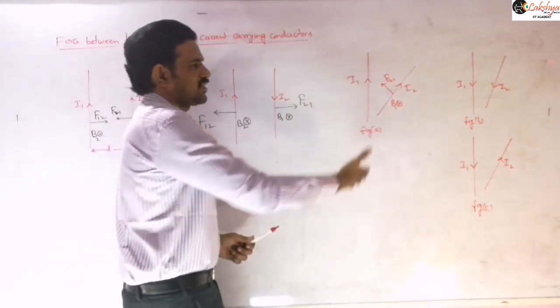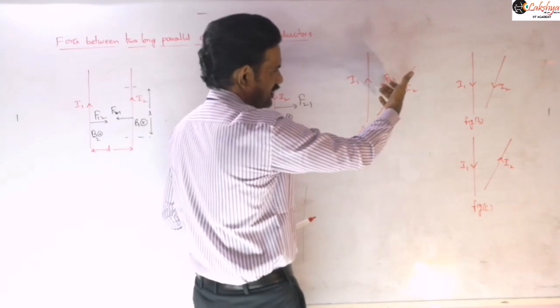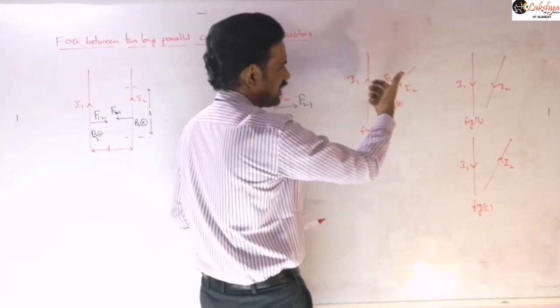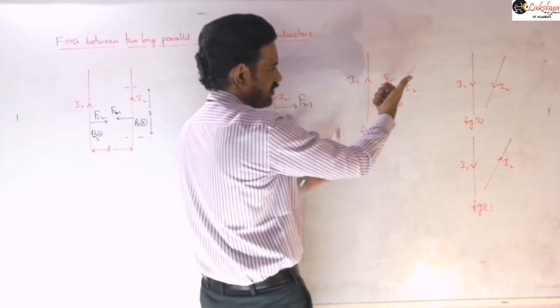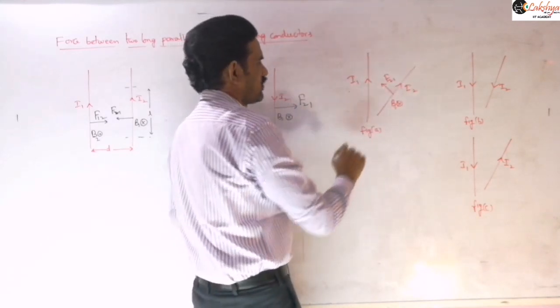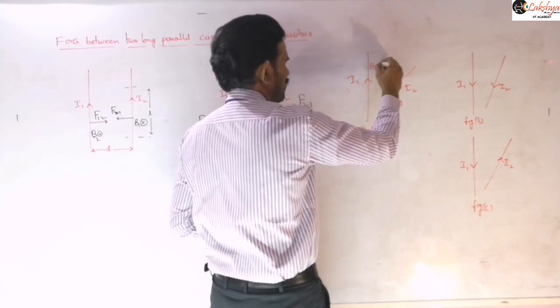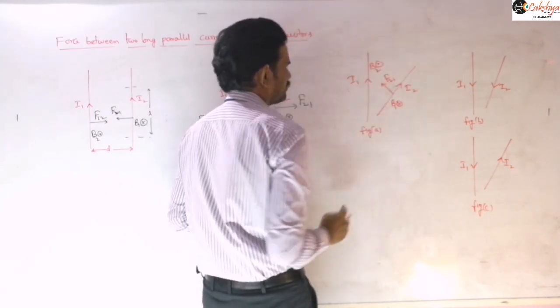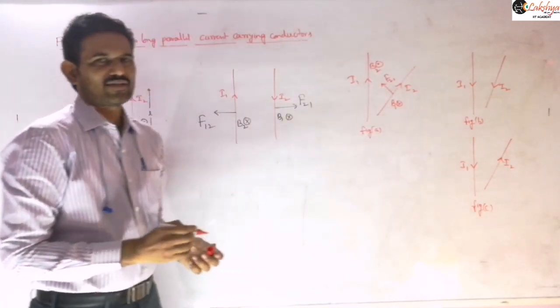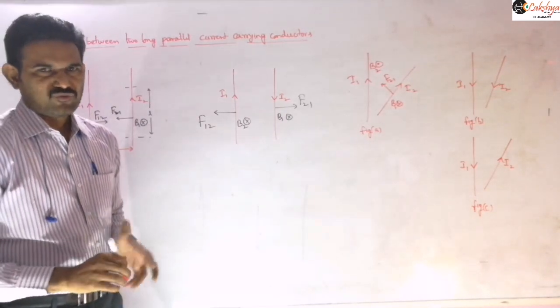Now again let us identify the magnetic field produced by this conductor. The magnetic field in this region will be out of the plane; the field lines will come out like this. So this is B2, and B2 is out of the plane. Now let us identify the direction of this force.